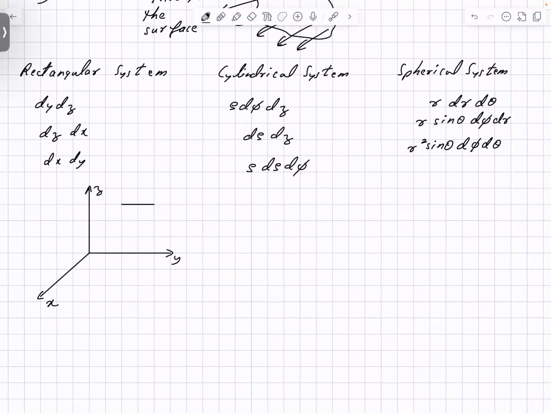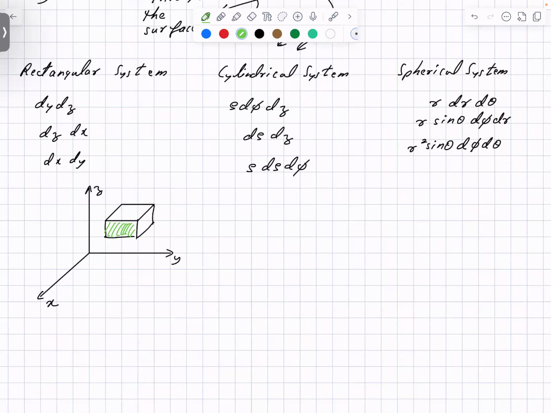We can consider a cube, or a rectangular parallelepiped if the dimensions aren't equal. So when we say dy dz, it could be this surface, the front of the cube, where y and z are varying, but x is fixed.